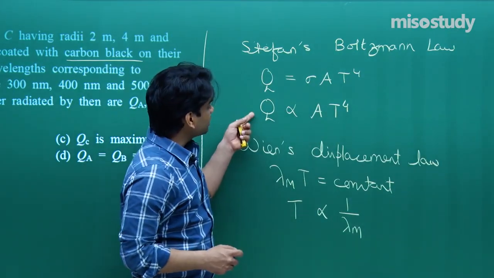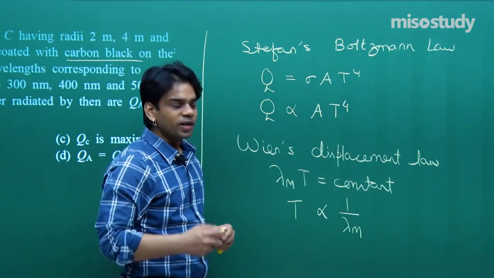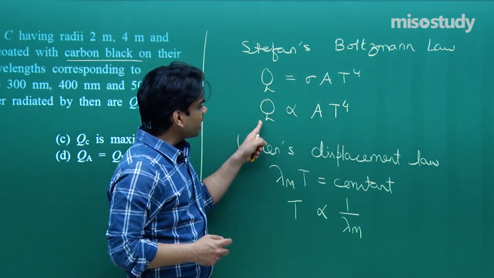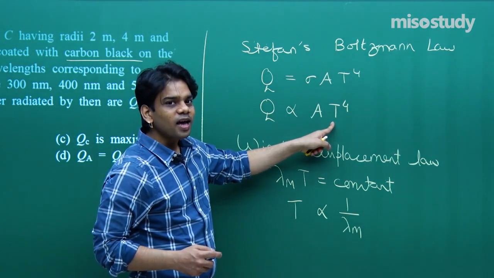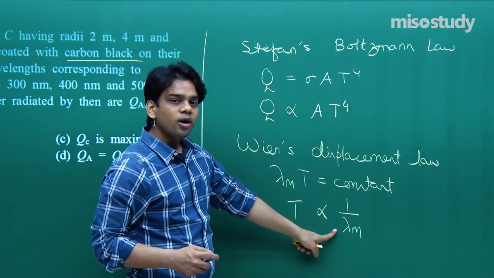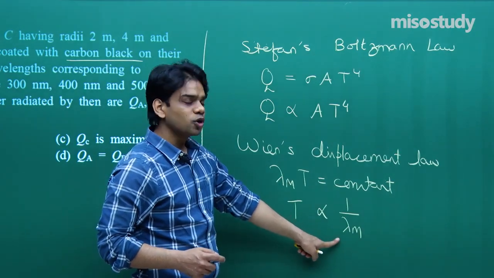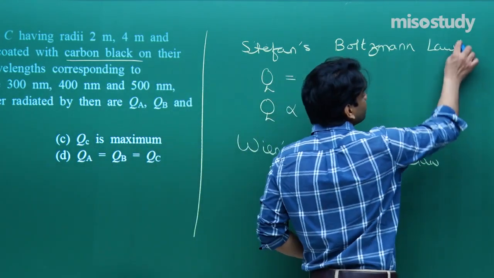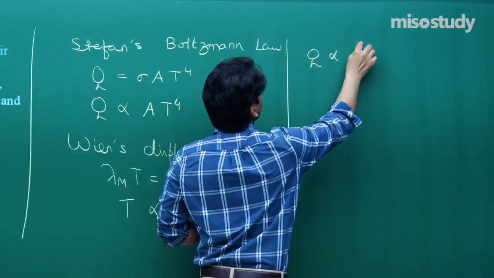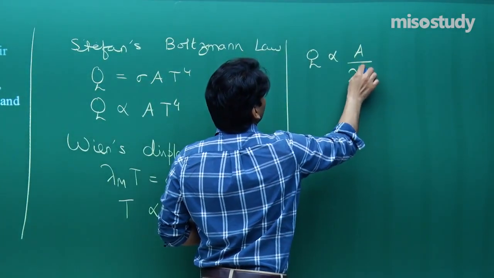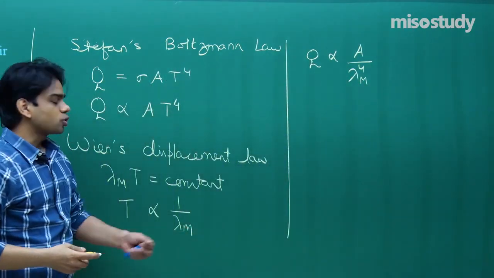Now in this case, the rate of energy emitted, or the power emitted by each plate, that is Q that we have written, Q is proportional to A T to the power 4, and instead of T to the power 4, we can write 1 upon lambda m to the power 4, by replacing T, as it is inversely proportional to lambda m. So using these 2 equations, Q will be proportional to A divided by lambda m to the power 4. We can write it this way because T is inversely proportional to lambda m.